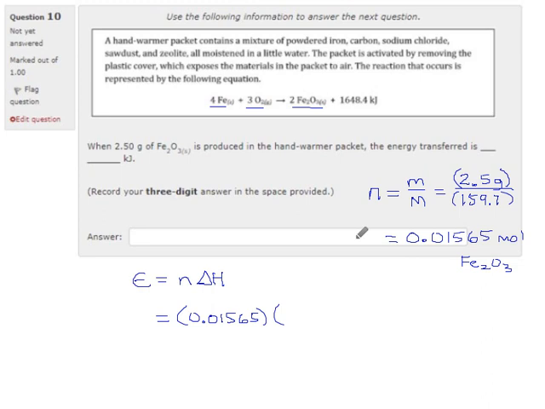0.01565. And the delta H is 1648.4, right? Hope you said no. What do we have to fix about this? This 1648.4 is for 2 moles of iron oxide, which we do not have. For 1 mole of iron oxide, imagine cutting everything in this reaction in half.